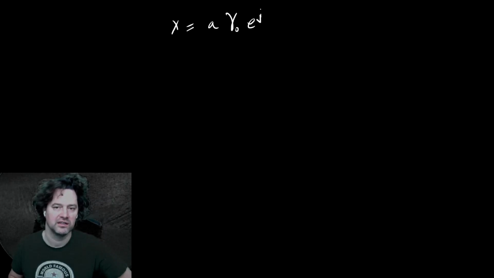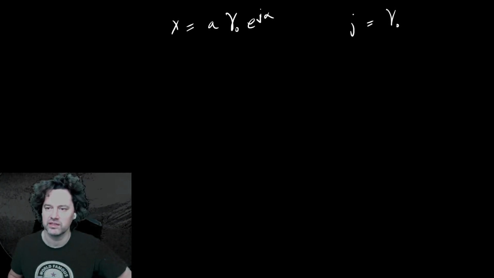Let's now do one more case, a relativistic case. So instead of a circular parameterization, let's do a hyperbolic parameterization. So let's take a gamma naught e to the, let's call it j alpha. And I'm going to write j here as gamma naught gamma 1.